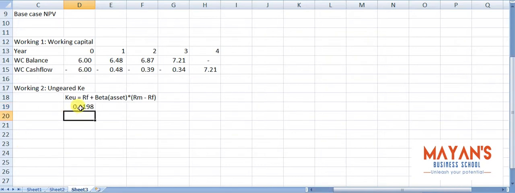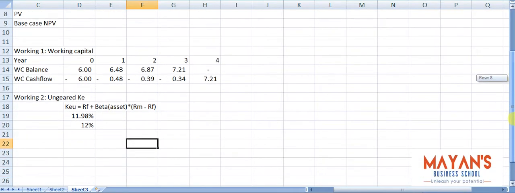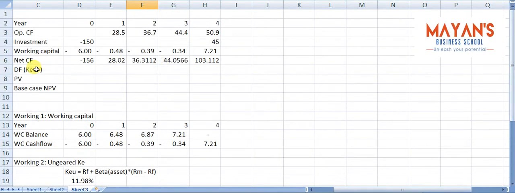So you get 11.98%, guys, which you can approximately say 12%. Yeah, it's approximately 12%. Because it's very close, 11.98, even if you take it to one decimal, it becomes 12. So ungeared KE is 12%.